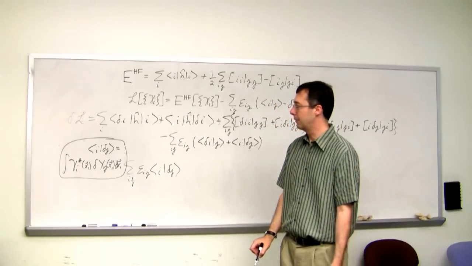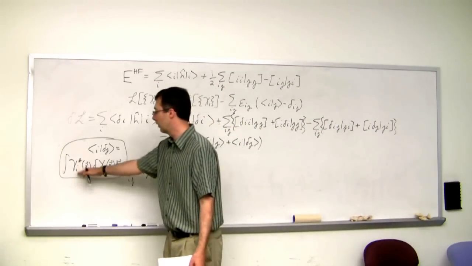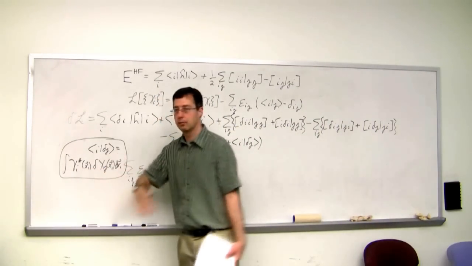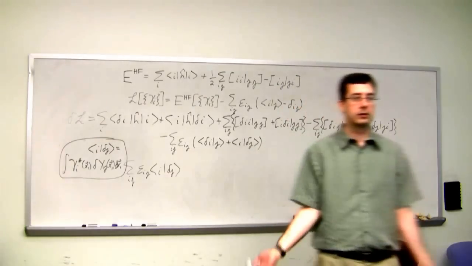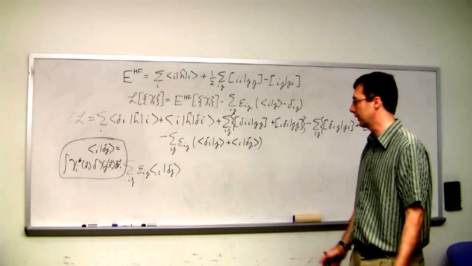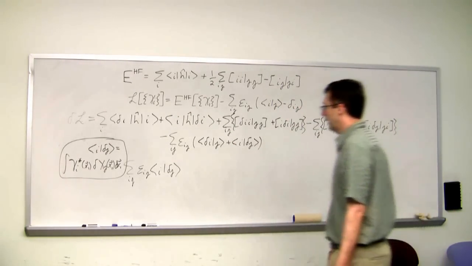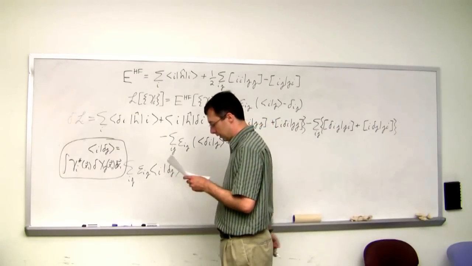So it's just an overlap integral. It's how much this function overlaps with that function, and what is that overlap? It might be 0, it might be 1, it might be something else, depending on how things are normalized. All right, so this guy, let me play around with this.